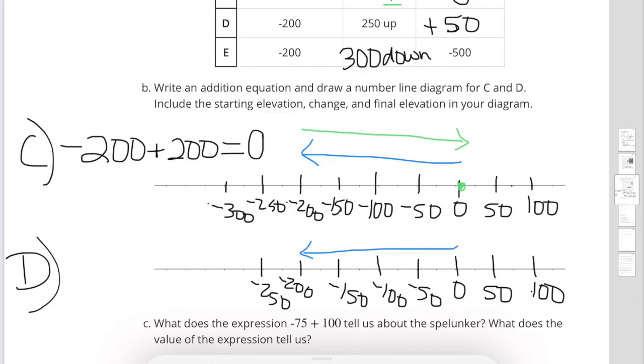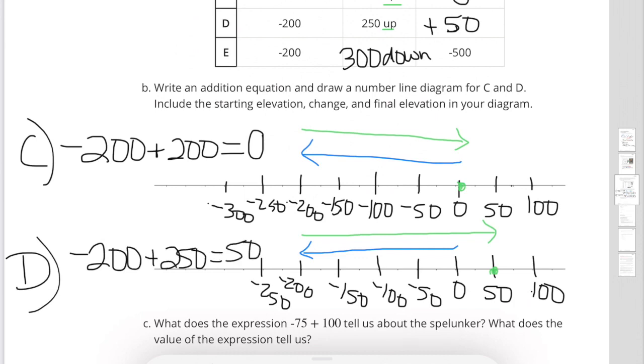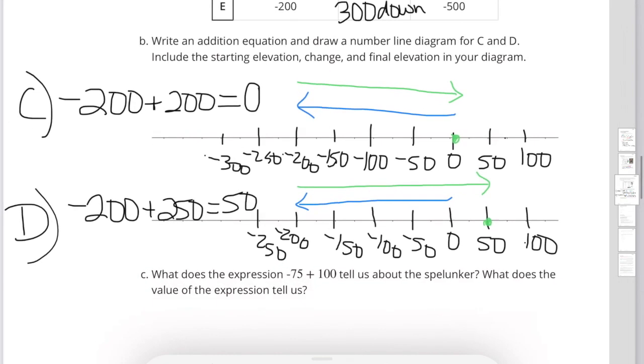Now we're moving 250 feet up again, so same direction, but we're going an additional 50 feet. So that puts us at positive 50 feet. So our equation would be negative 200 plus 250 equals positive 50.